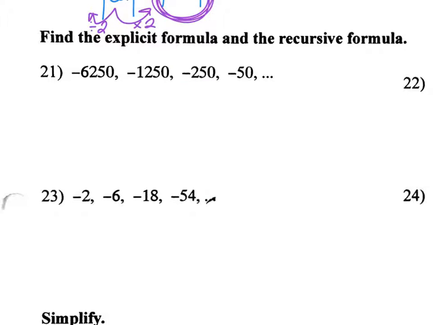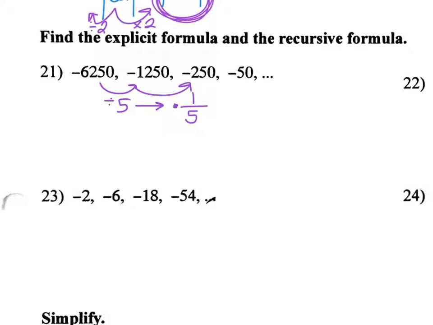Okay, here they're asking us to write the explicit and the recursive formula. Before we even do this, we need to find the pattern and the starting point. So take a second to try that. Our pattern is going to be divide by 5, and the better way to write division is a fraction. So the pattern then is multiply by 1/5.